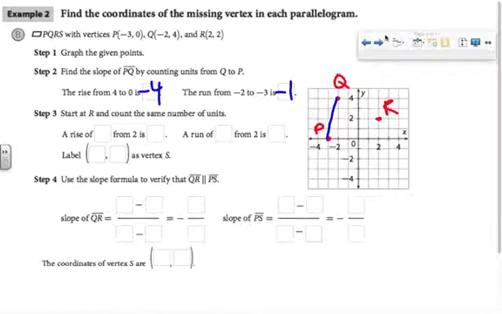So I'm going to rise and run in the same manner from R in order to figure out where S is. So from R, I'm going to rise -4, so 1, 2, 3, 4. And I'm going to run -1.